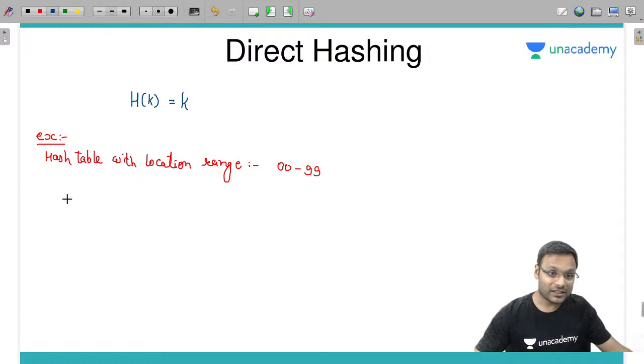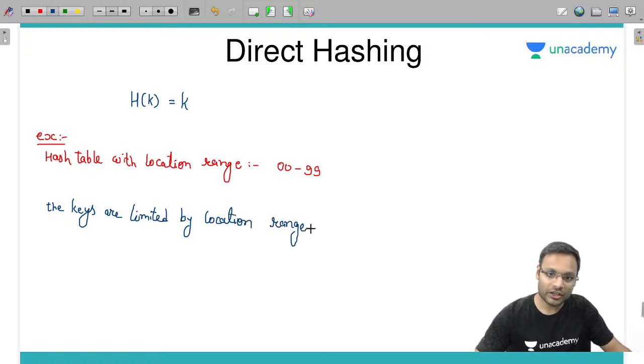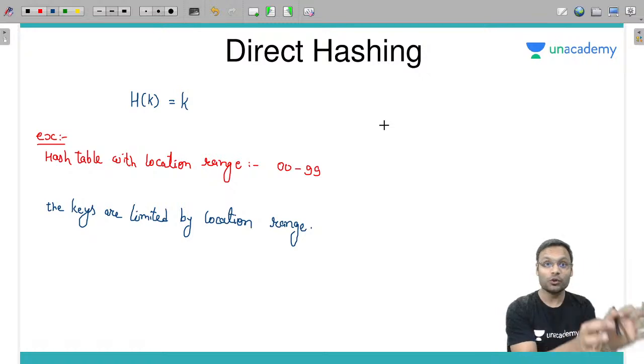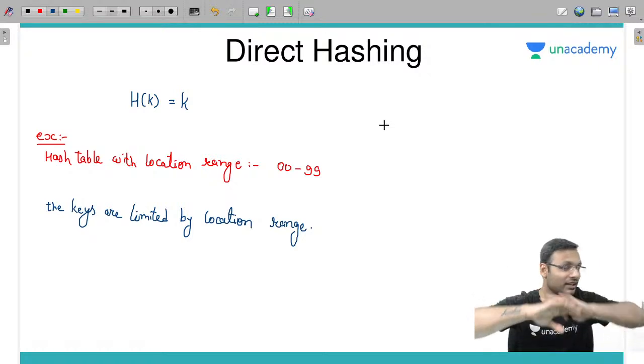So I am writing a statement: the keys are limited by the location range. The keys you can store are limited by the location range. Only 00 to 99 you can store, other than that you cannot store anything.